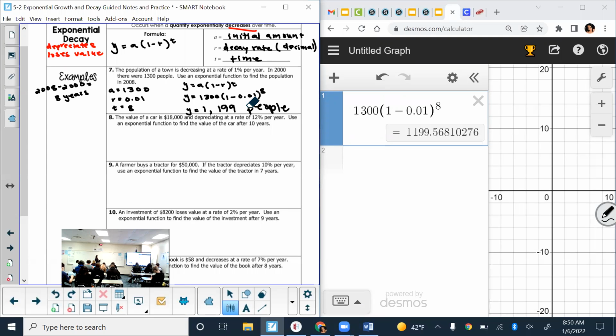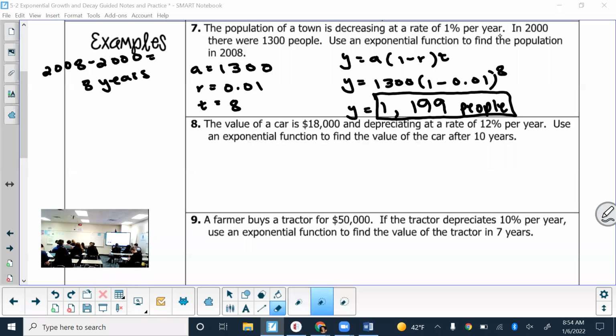All right, I'm gonna have you guys try number 8, and then depending on how that goes, might call it a day after that. But try number 8. All right, so the value of a car is 18,000 and depreciating at a rate of 12% per year. Use an exponential function to find the value of the car after 10 years.